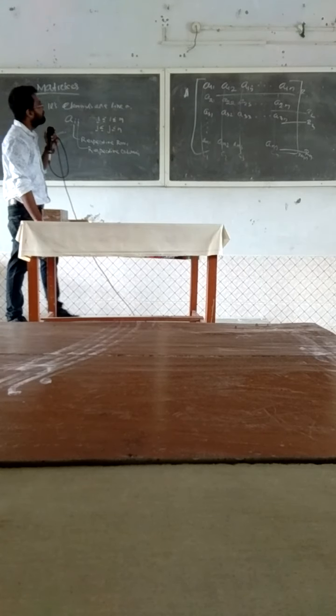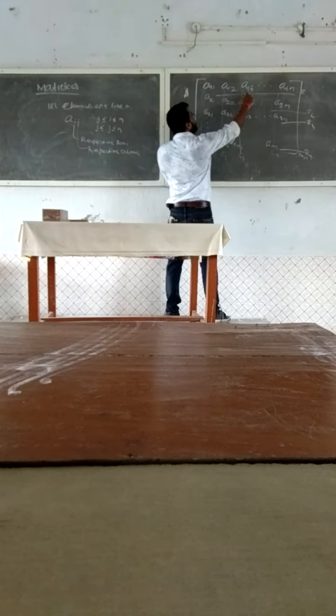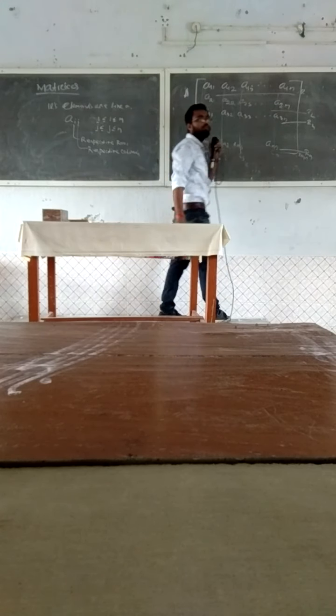So the elements of the matrix are A11, A12, A13 up to A1n.